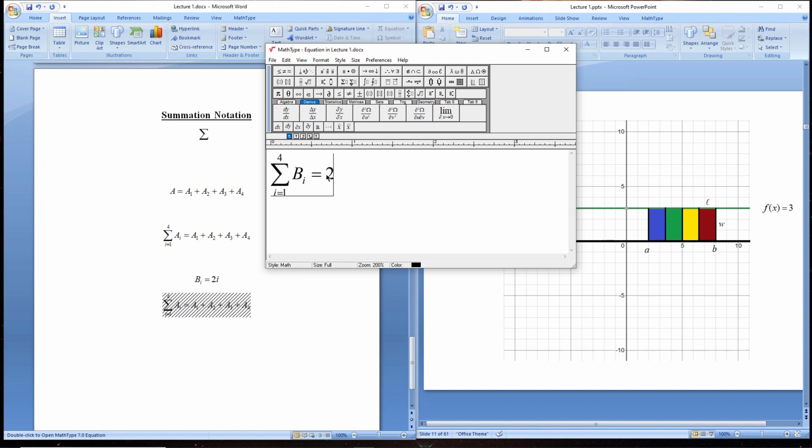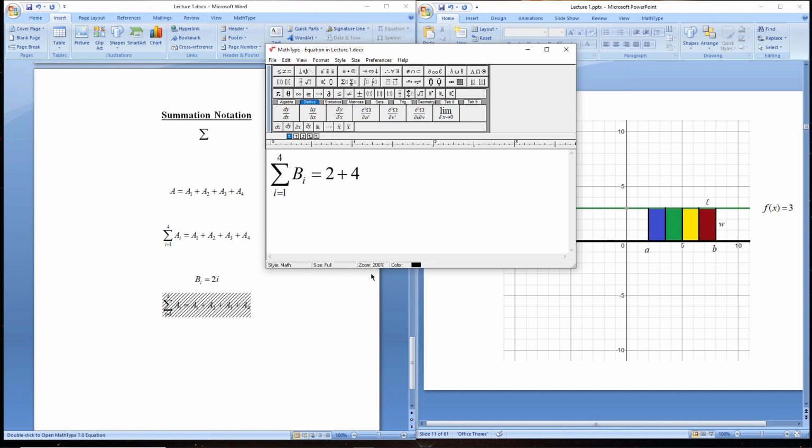Once we've done our first term, the summation symbol means we now add the next term. The next term means we increment i up by 1, so now i becomes 2. Looking at our expression, if i is 2, then we have 2 times 2, which gets us 4.